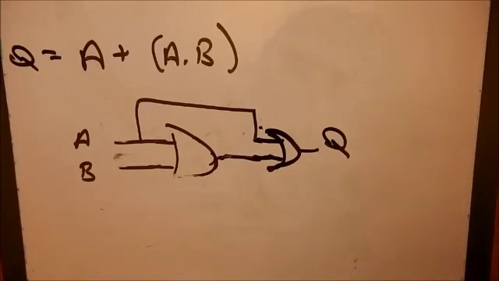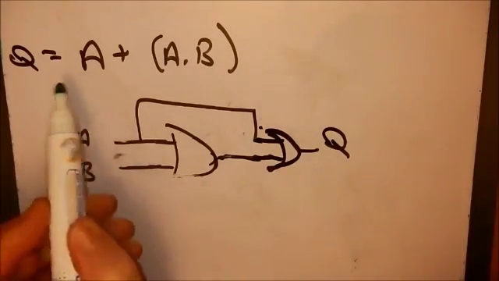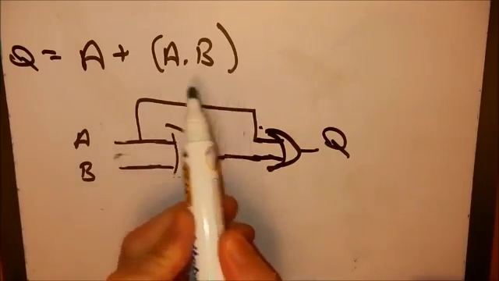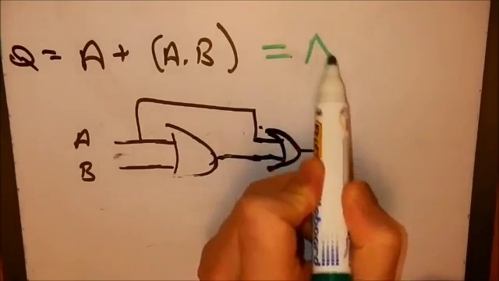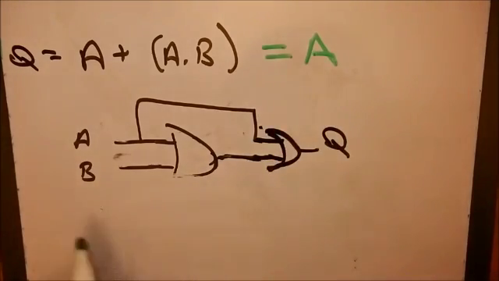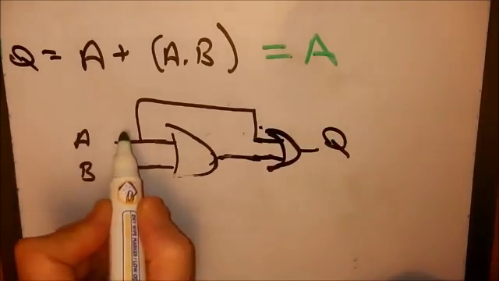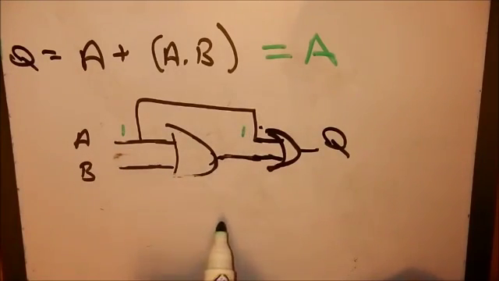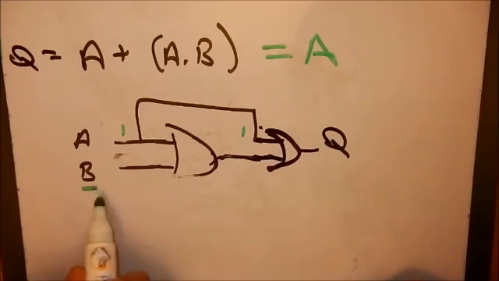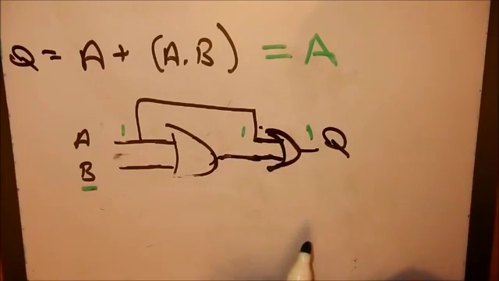Okay, this is one of the identities that you should really know, but let's prove that A ORed with A AND B is actually equal to A. Well, let's consider the case if A was a 1 here, so regardless of the value of B, we're going to get a 1 here.